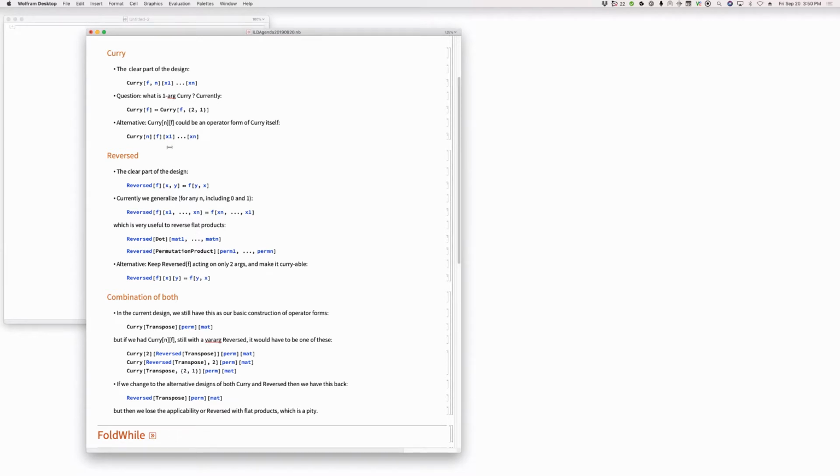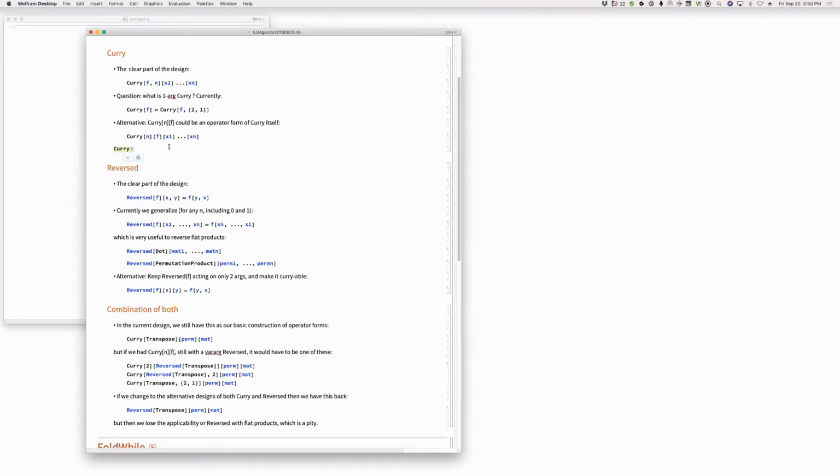So let me just understand something. If I say curry of F of X of Y, it's going to be F of Y of X, right? Do we have a version of reverse that's runnable?